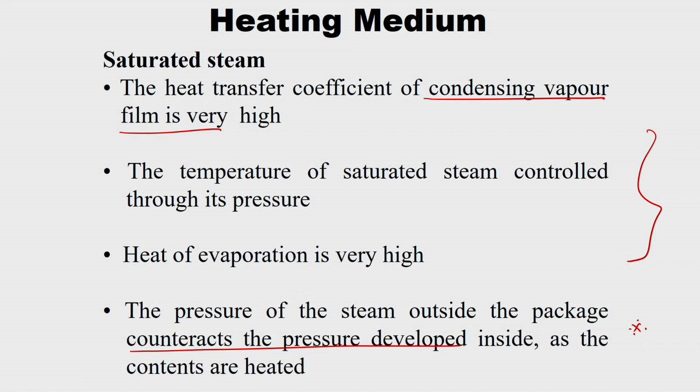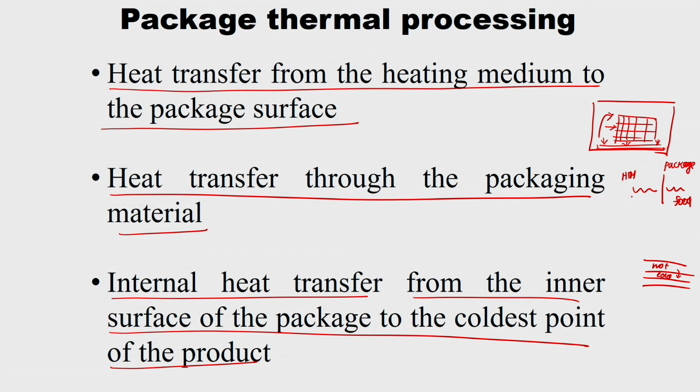As I told earlier, it is not only the heat transfer medium which transfers heat efficiently, but the heat also has to pass through the packaging. If you have a packaging of low thermal conductivity material, for example glass, the thermal conductivity varies between 0.4 to 1 watt per meter Kelvin. In such a case there will be a thermal gradient in the packaging material.